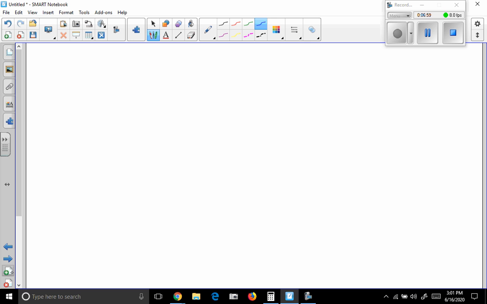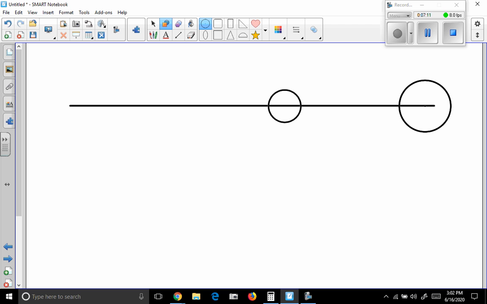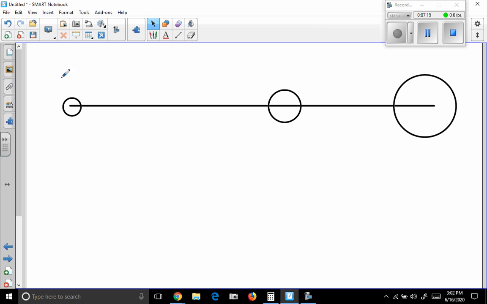So let's suppose we have, let's draw some circles. Let's say we have a circle here, and then a little circle here. So let's say this mass is 2 grams, and this mass is 4 grams, and this mass is 12 grams.